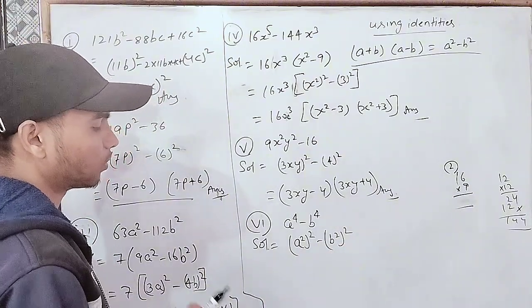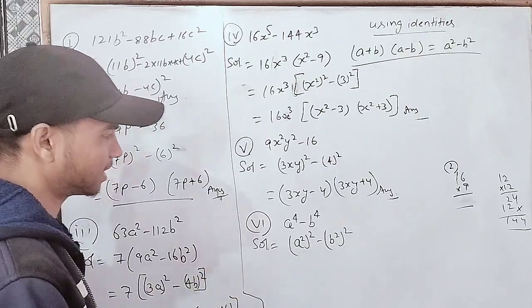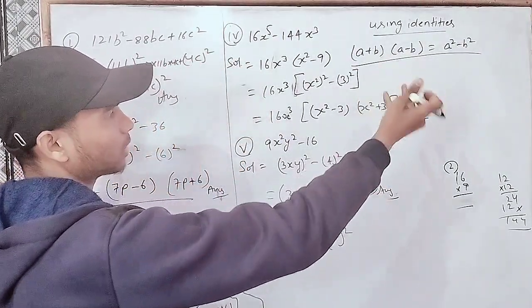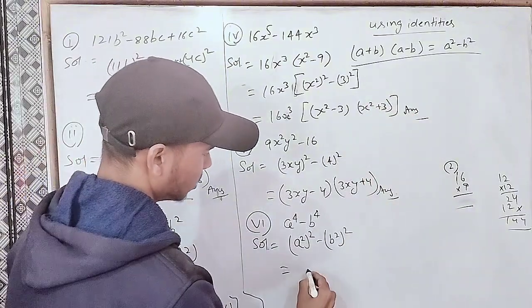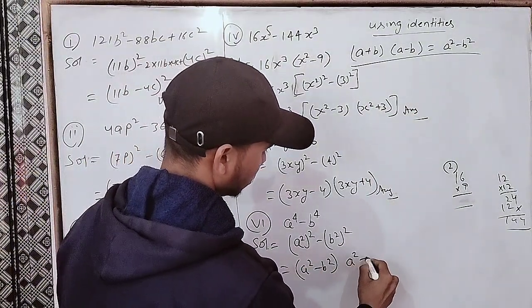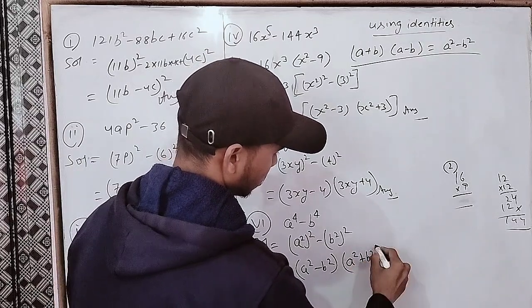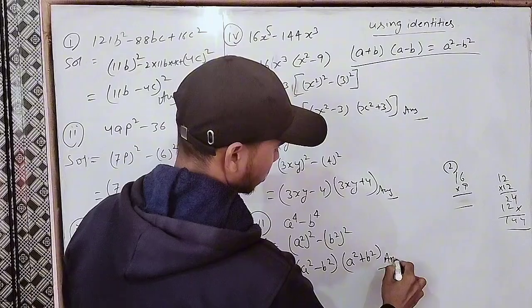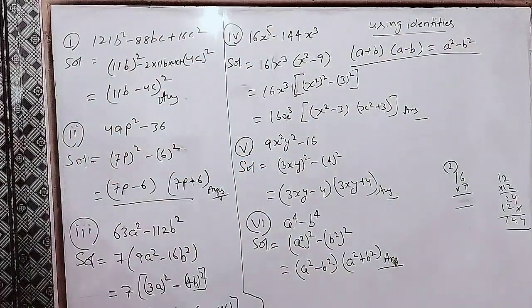But we can't say the question has changed. Okay. Now we have a square minus b square, and we can use our identity. Clear?